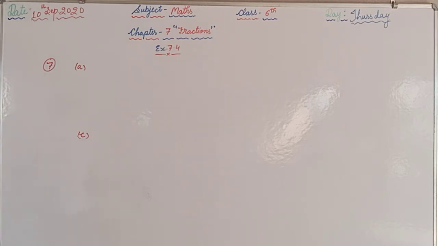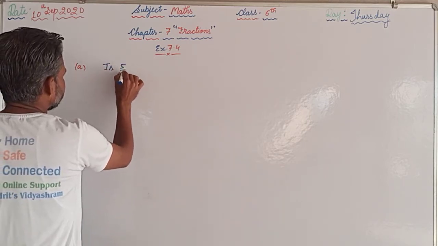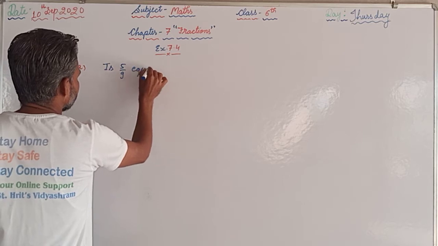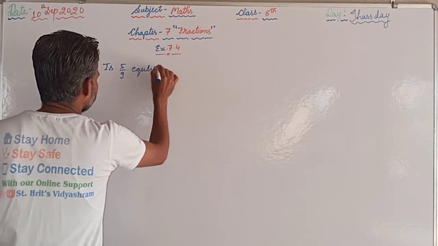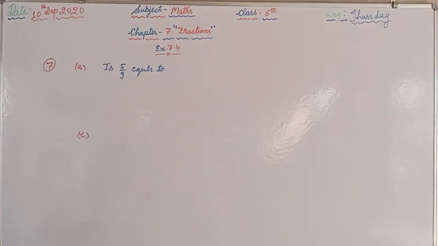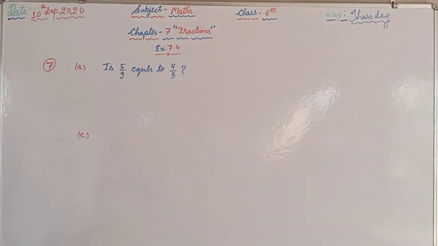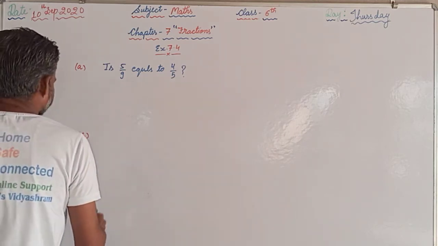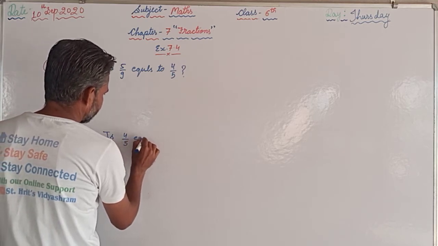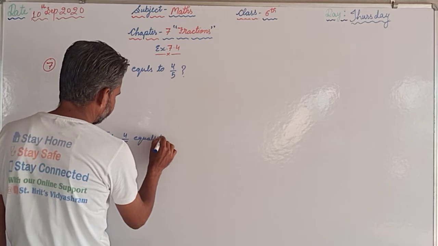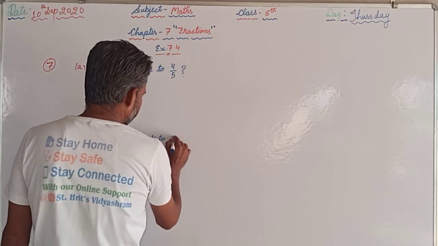In part A it is given, is 5/9 equals to 4/5, and the C part is, is 4/5 equals to 16/20.